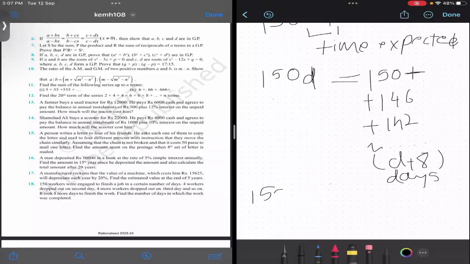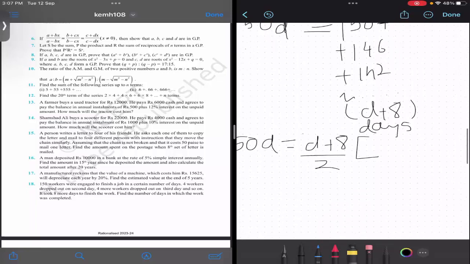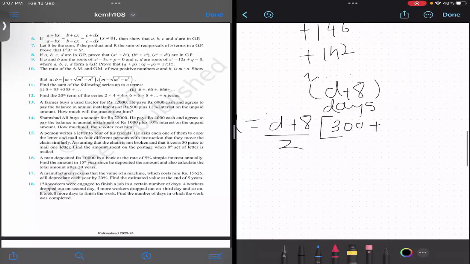So on the LHS you have 150D equals, and now you have D plus 8 terms here. So (D plus 8) by 2, because we are adding up an AP: 2 times the first term, 2 times 150, is equal to 300, plus (n minus 1), which is (D plus 7), into minus 4, correct?